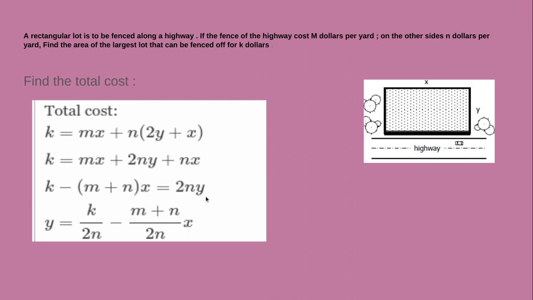So our y will be k all over 2n minus m plus n all over 2n x. We get this value of y by dividing both sides by 2n, then cancel the 2n, then we will have y equals k all over 2n minus quantity of m plus n x all over 2n.